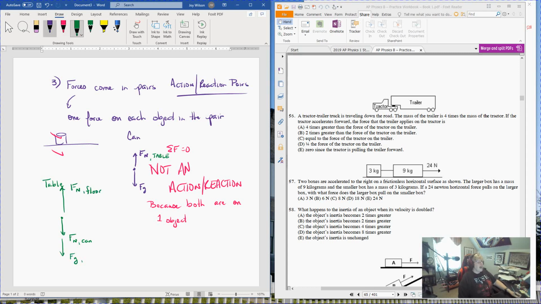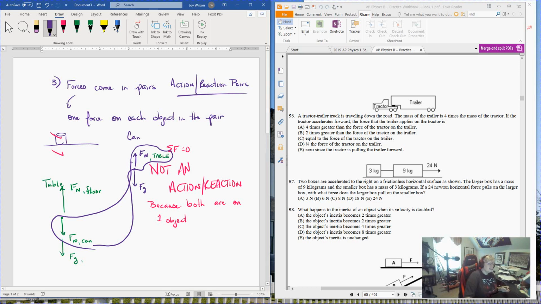So the action-reaction pairs here are this one on the table and this one on the can. You must have one force on each object. The forces must be equal in size, so same size, same length of arrow, and they point in opposite directions. So that is how the third law works.